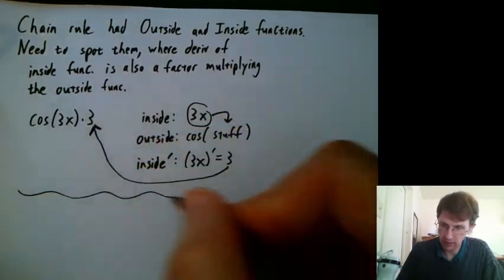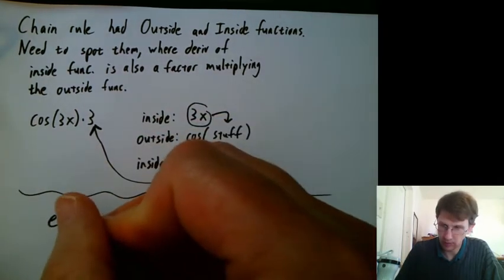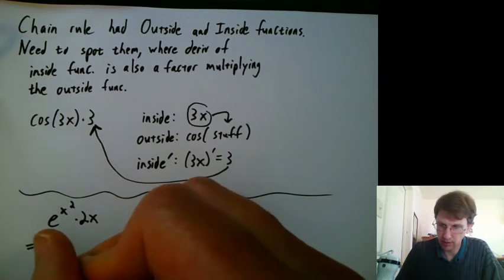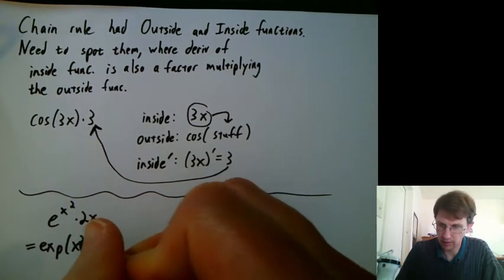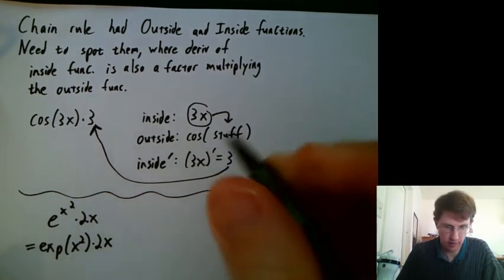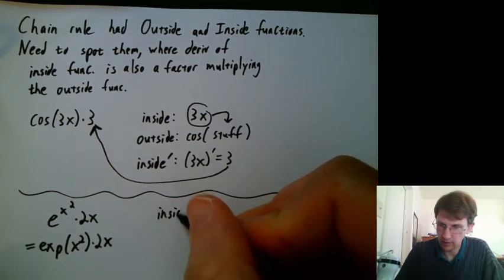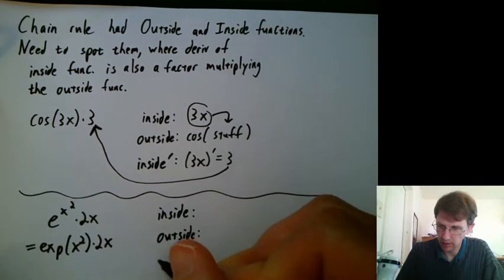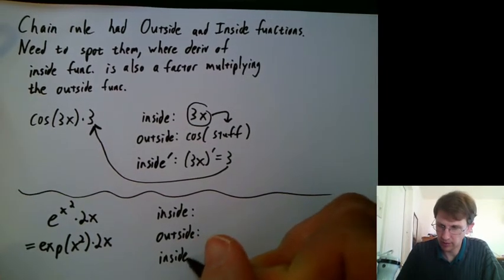Isn't that handy? So that derivative of the inside is already multiplying the outside function. What if we had the more complicated example, e to the x squared times 2x, which you could also write as exp of x squared times 2x. What's the inside function? What's the outside function? And what's the derivative of the inside function?